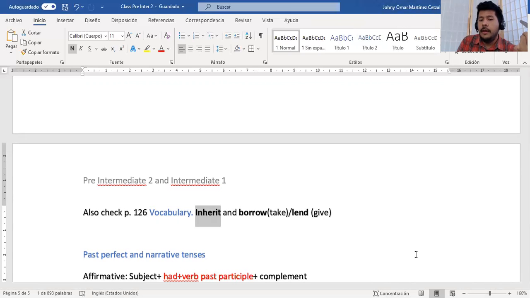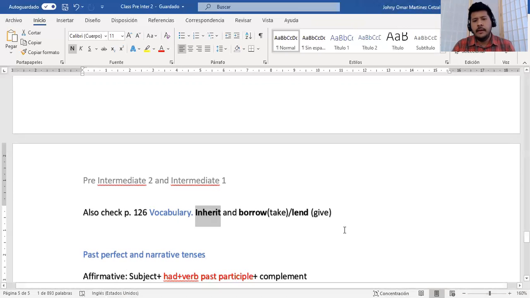For example, my student borrowed the scissors. So my student took the scissors, or I lent the scissors to my student, okay? So you can express the idea with both of the verbs, but you have to be careful.